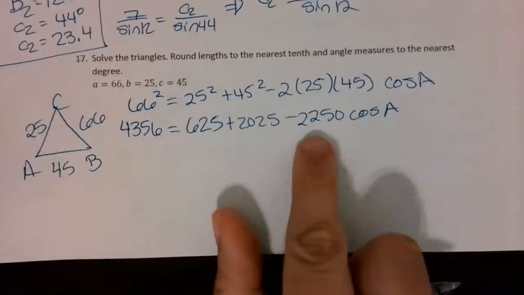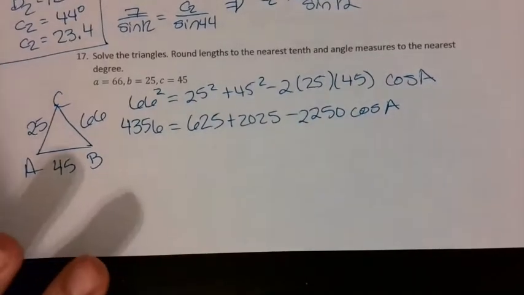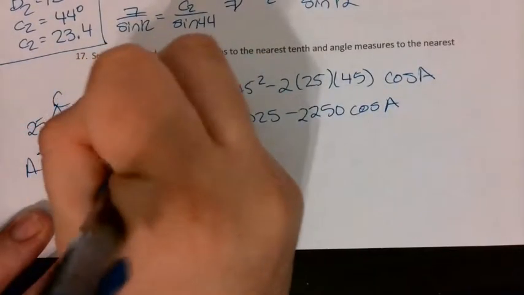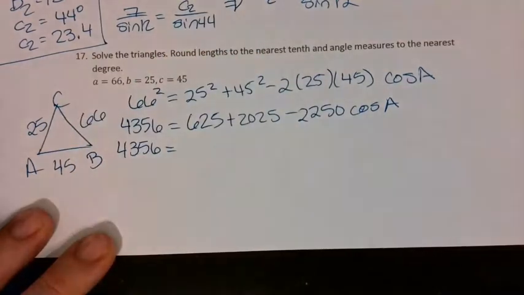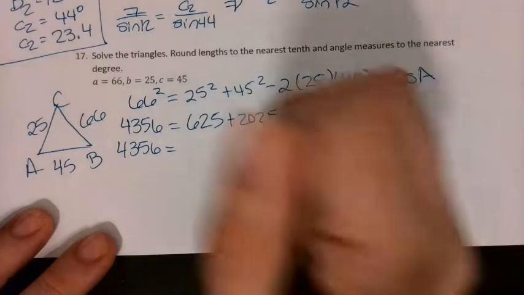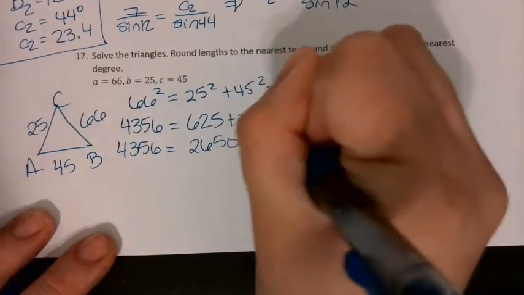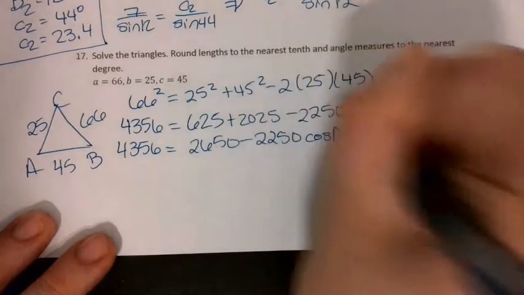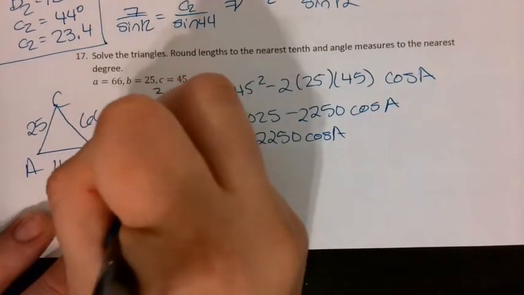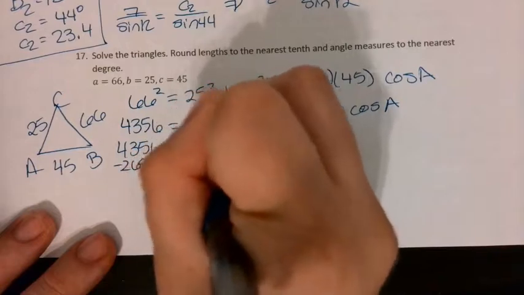Okay. Then I want to combine like terms. Do not combine this one because it's attached to the cosine. 625 plus 2025 is 2650. Subtract the 2650 on both sides.